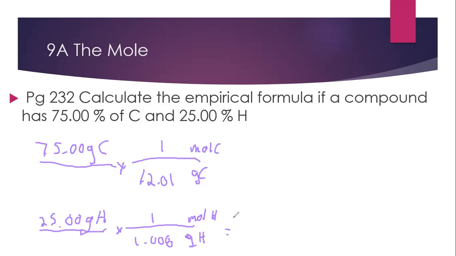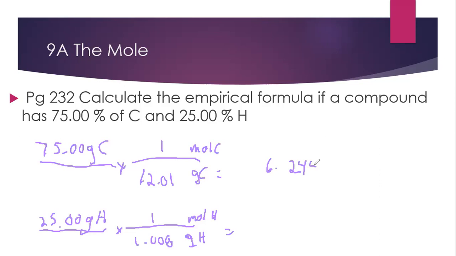Okay, so we're going to calculate these and come up with a mole ratio. Since this is the top and bottom, we're dividing. We don't need to do anything here because it's a 1. So we'll just say 75.00 divided by 12.01 grams, and we come up with 6.244.